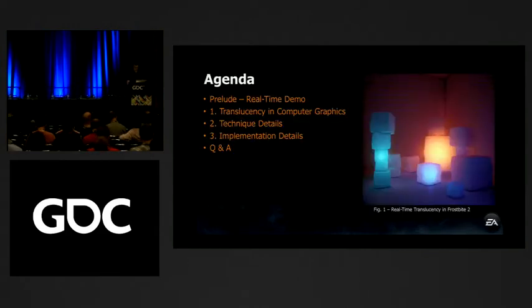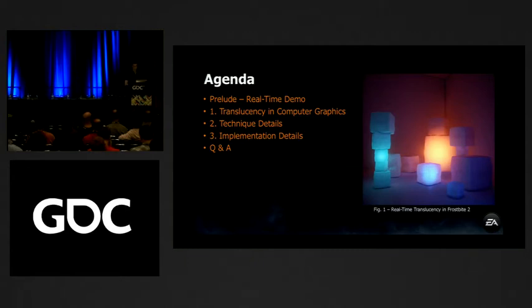So, let's begin. Here's the agenda for this talk. In order to really show what the talk is all about, we begin by demonstrating the technique with a video capture of the effect implemented in the Frostbite 2 engine.